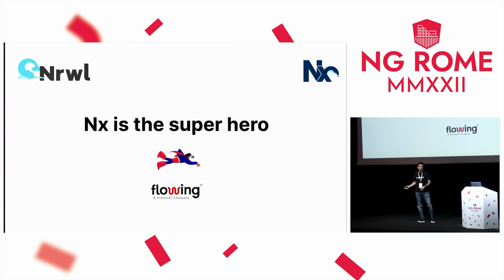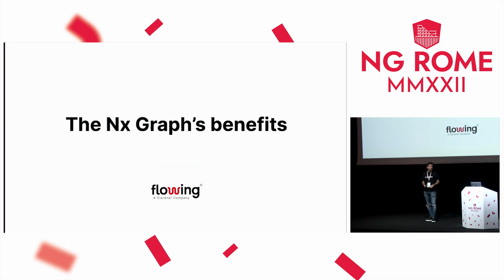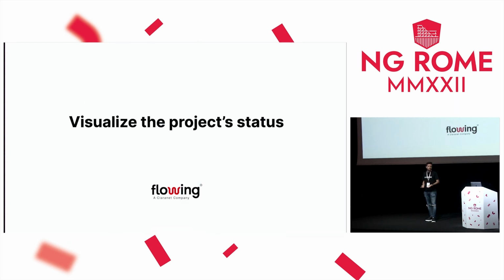NX is our superhero. NX is a CLI, and you can do a lot of things with NX. It's similar to Angular CLI, but with different features. And one of the features is to build the graph for us. Okay, but what are the benefits of using NX graph? The first one, it goes without saying, is to visualize the project structure.